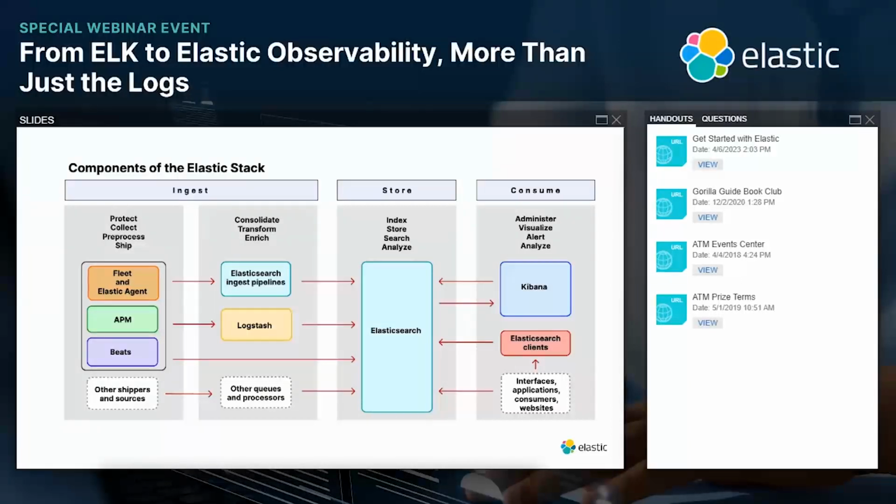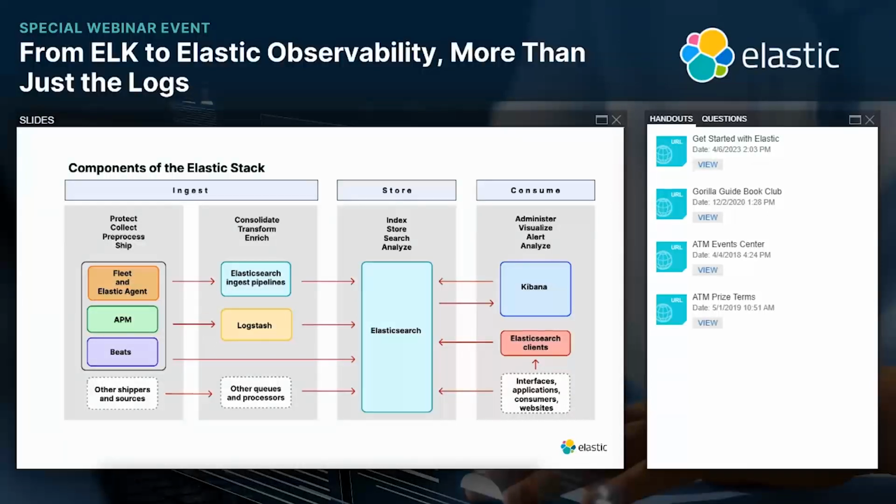Now, all this data can directly go into Elasticsearch, but the best practice is to have a layer in between for transformation and enrichment of data. You may want to use applications like Logstash or even leverage Elasticsearch's native ingest pipeline capability. And why would you want to do that?